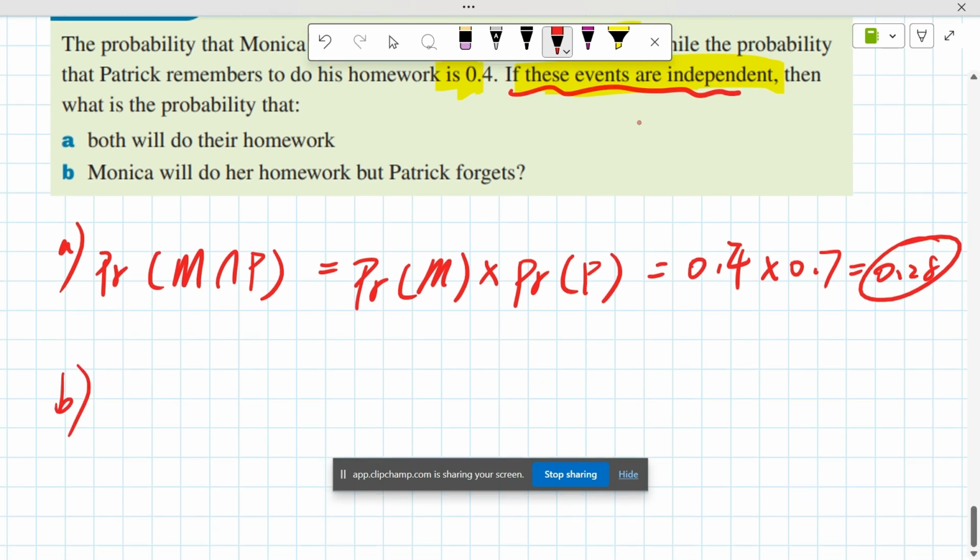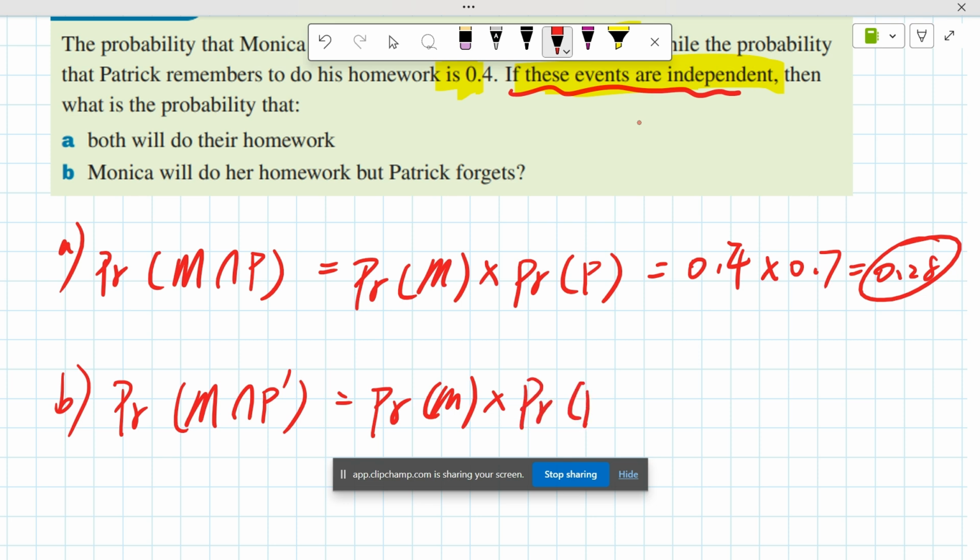And question B: Monica will do her homework, but Patrick forgot. So the probability of M intersection P forgot equals the probability of M multiplied by the probability of P forgotten. Oh, sorry, Patrick is 0.4, my bad.